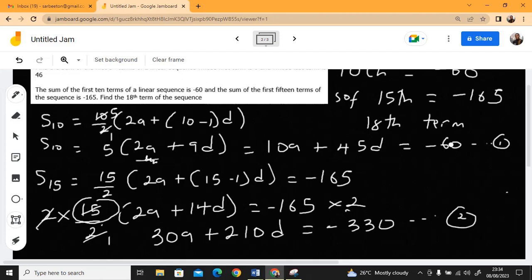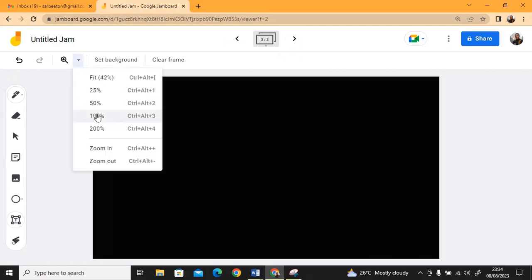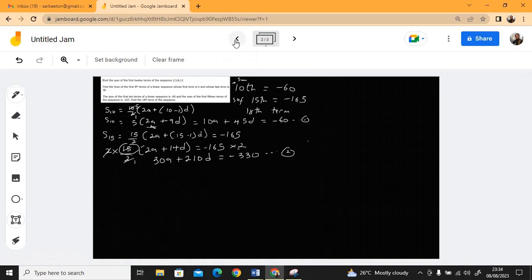This has become a simultaneous equation. You can recall equation 1. I'm going to write it here so that you can see it together. Equation 1: we have 10a plus 45d equals minus 60.